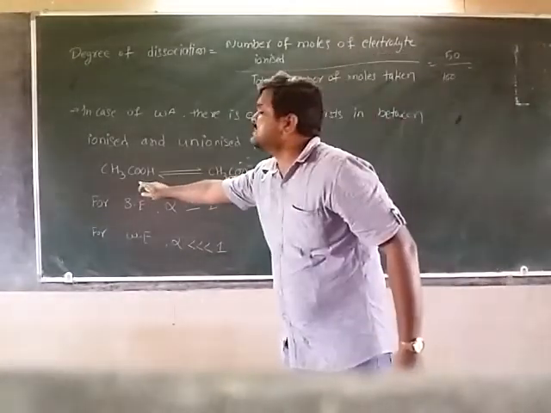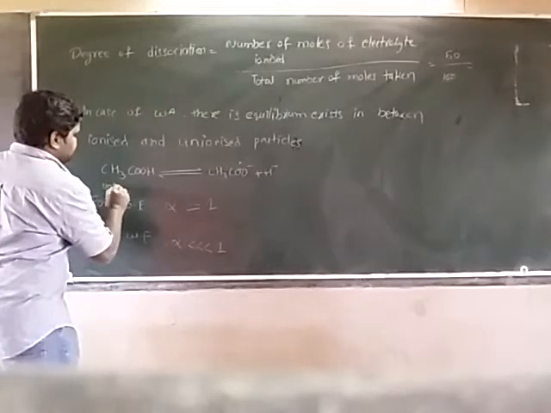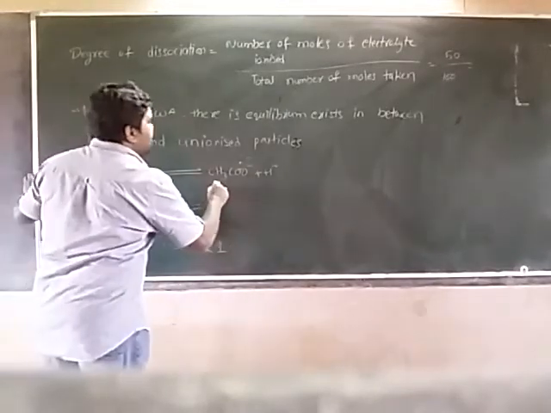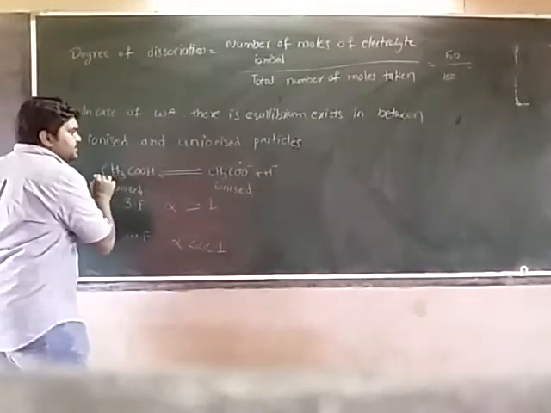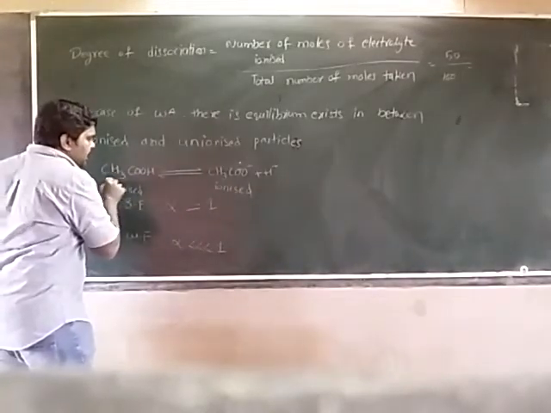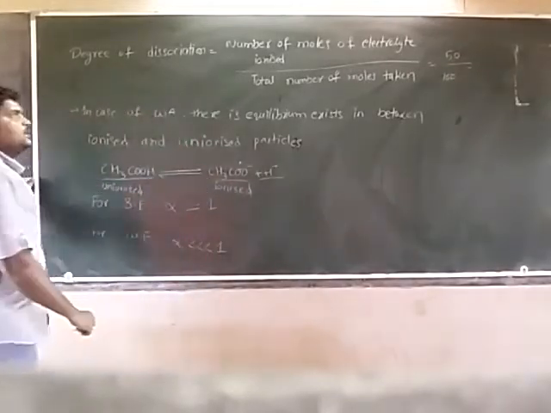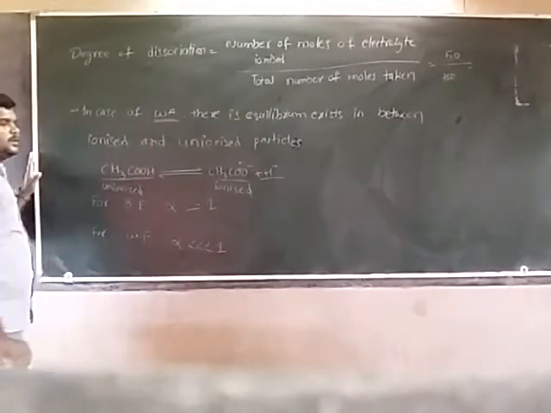Suppose you take acetic acid: this is unionized, not dissociated, and this is ionized, where the ions are separated. So this equilibrium exists between unionized and ionized particles in weak electrolytes.